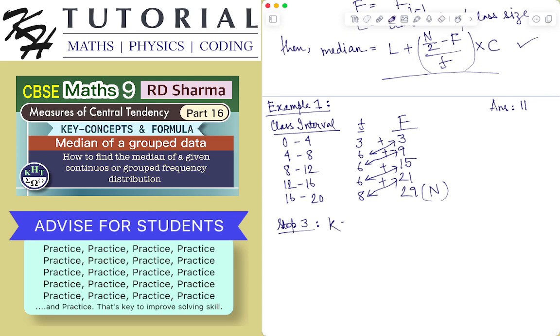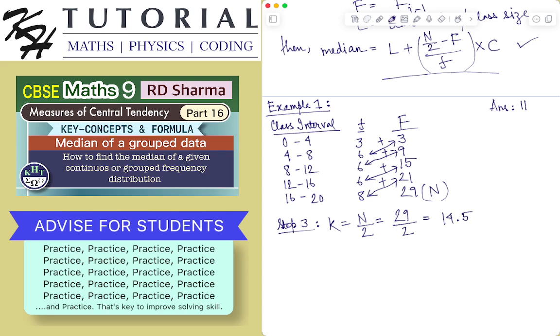K is equal to n by 2, which is equal to 29 by 2, which is equal to 14.5. 29 is the total number of observations, divided by 2 is 14.5. So K is 14.5.